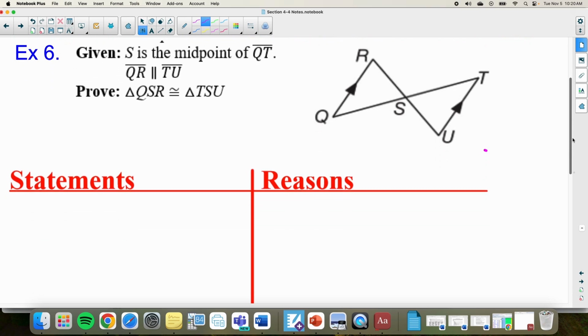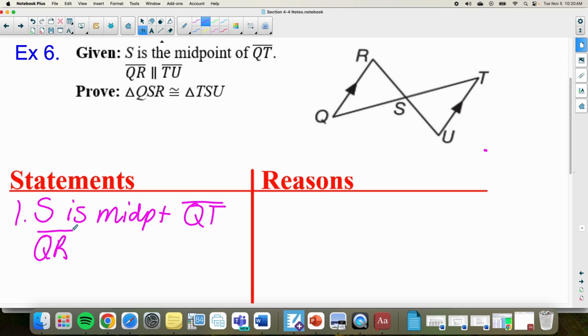So let's go ahead and write down our given. S is the midpoint of QT, and QR is parallel to TU. Okay, so the parallel part is marked.